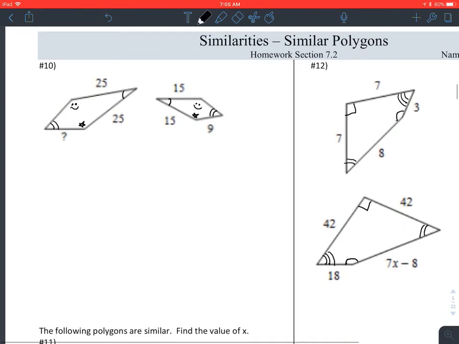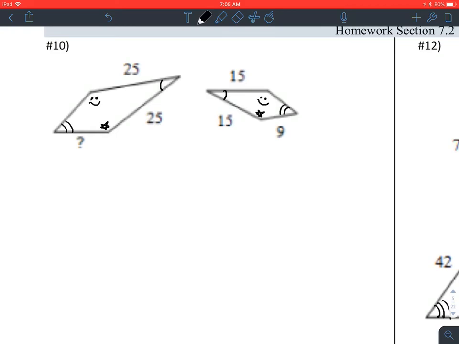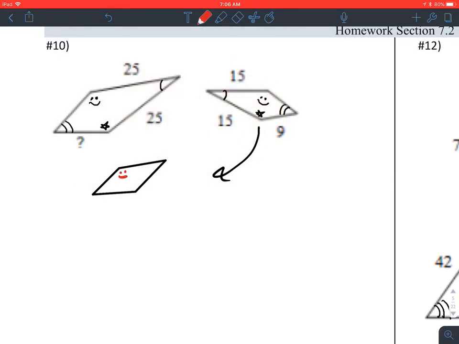Number 10, the pictures are not drawn in the same orientation. We want to fix that. I'm going to redraw this triangle down here so that my smiley and my 2 arc and my star are in the same positions.